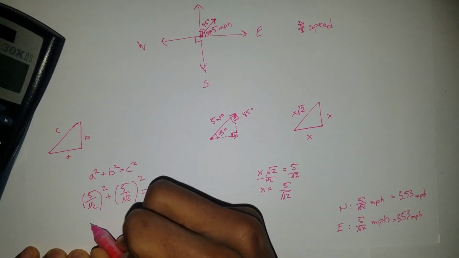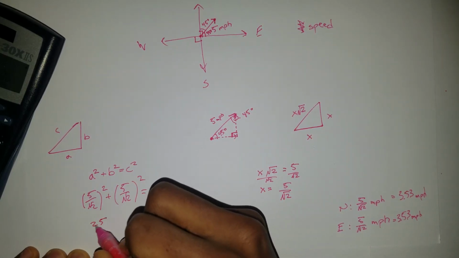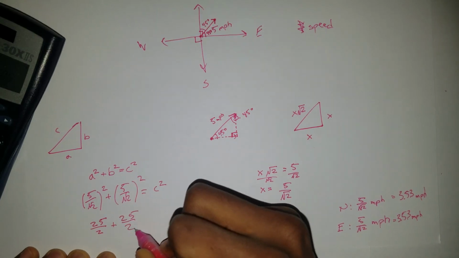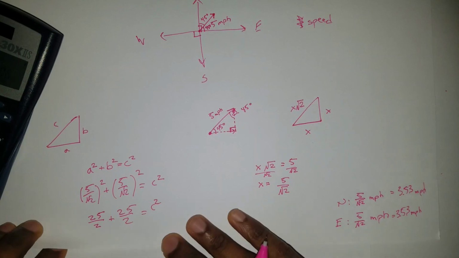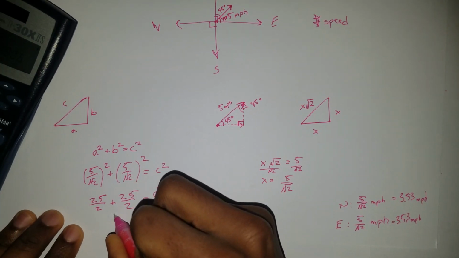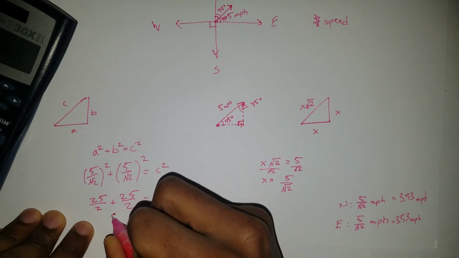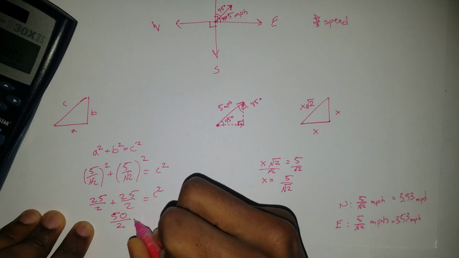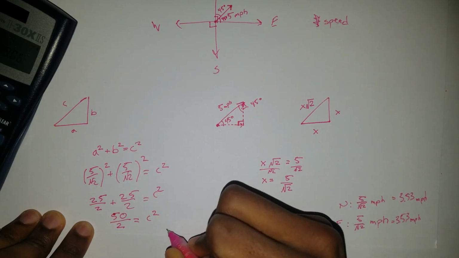So that would be 25 over 2 plus 25 over 2 equals hypotenuse squared. Given that we have a common denominator, we can just add the numerators, keep the denominator the same, equals c squared.